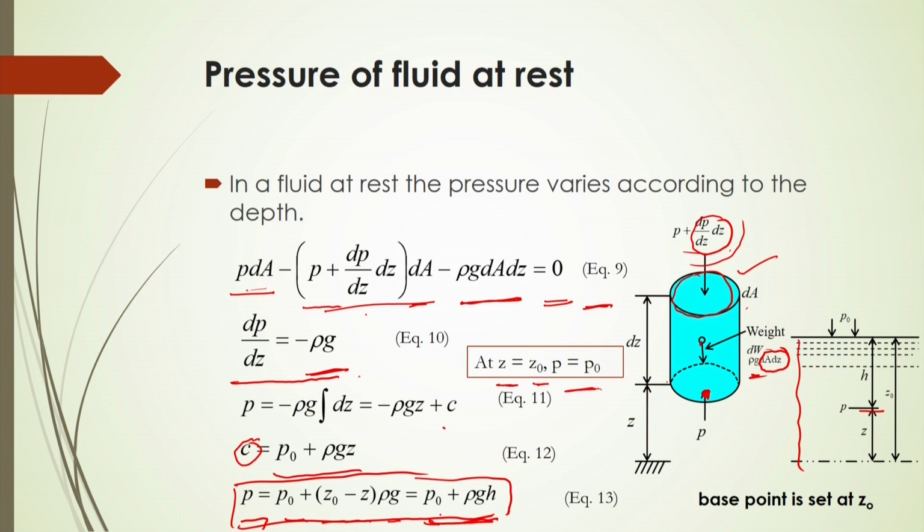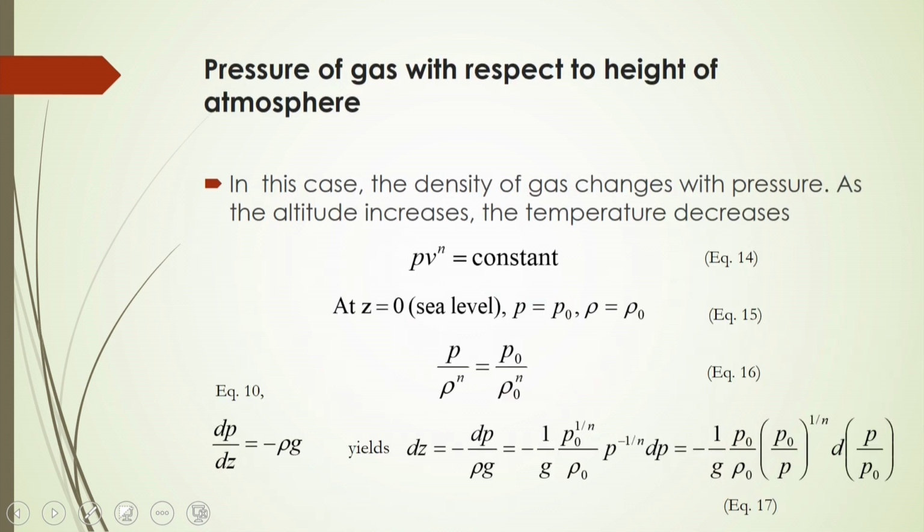So, P minus P0, that is the absolute pressure minus atmospheric pressure, is the liquid column pressure, equal to ρgH. By this equation you can find the pressure at a certain depth in a pond, any water column, or a container.